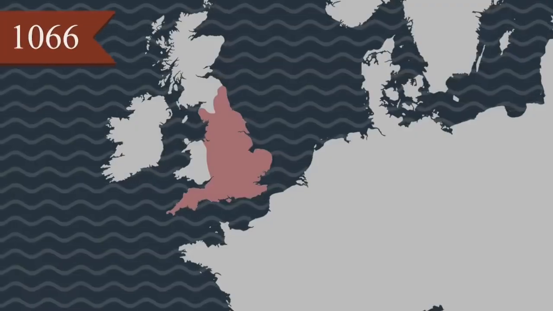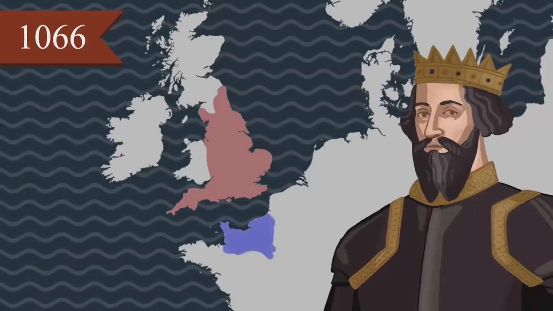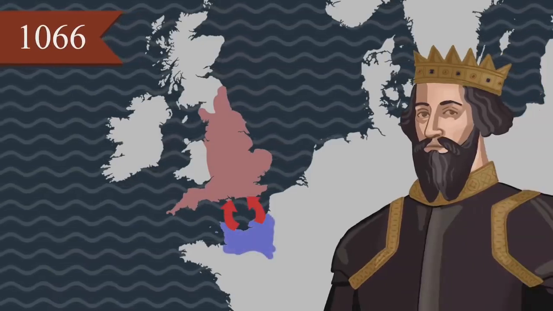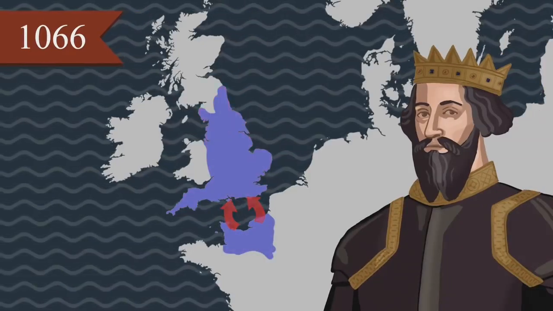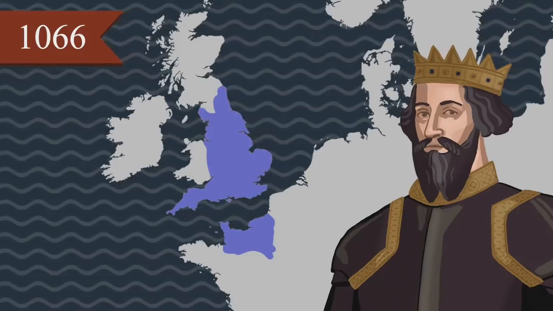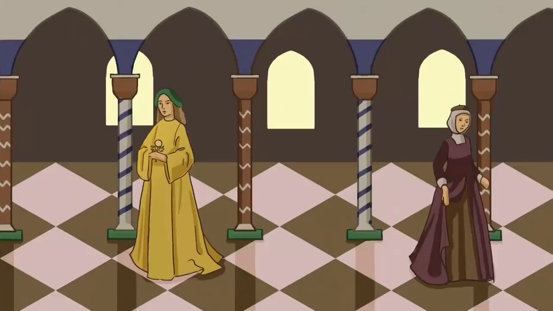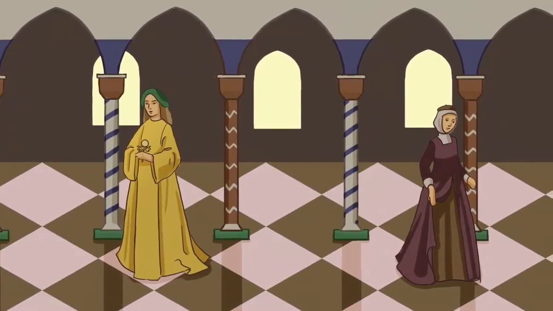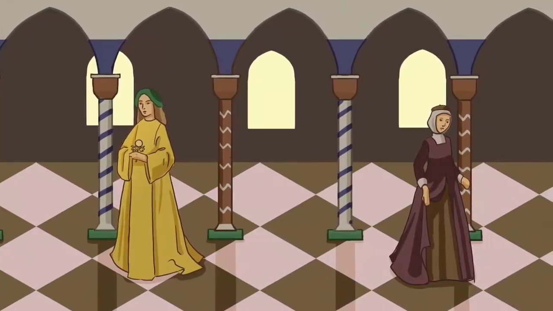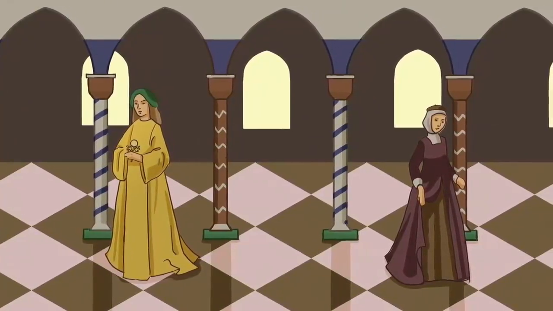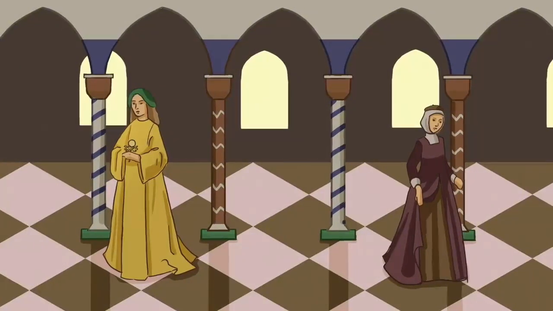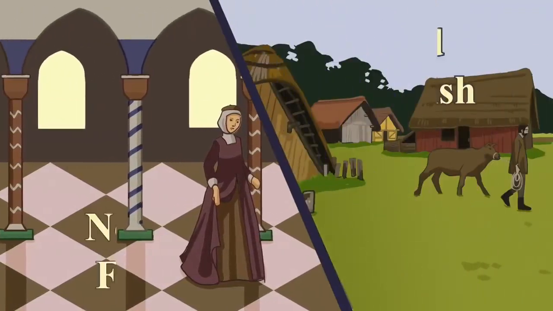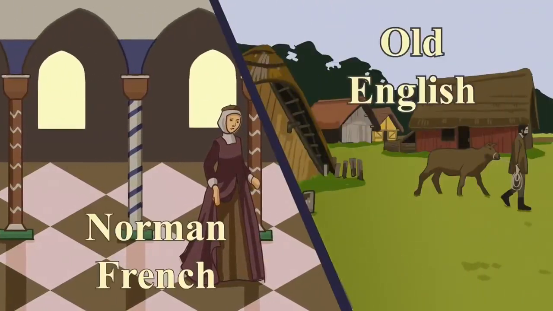In 1066, William the Bastard, later called William the Conqueror, invaded England with his Norman army, and at the Battle of Hastings, successfully conquered it. These Normans, now the ruling class of England, spoke a dialect of Old French. This Norman French came to be the language of the royal court, while Old English continued to be the language of the peasantry.